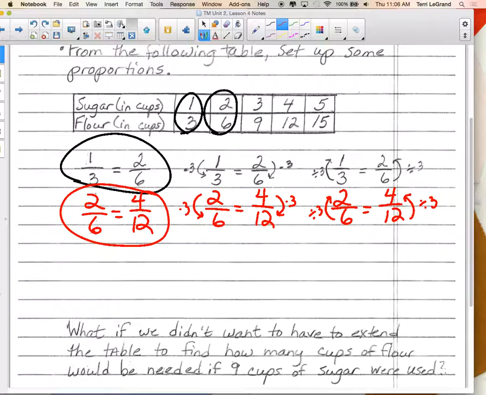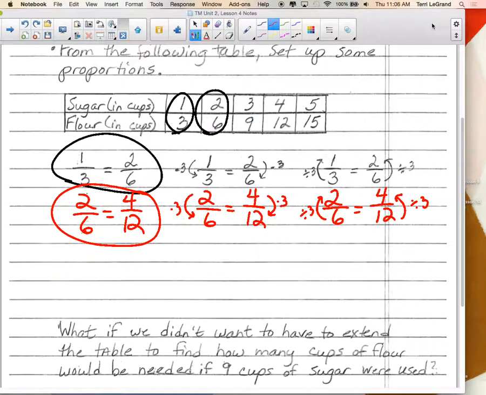One had just been renamed. Like in this table, what is the simplest form we could talk about of comparing the sugar to the flour?